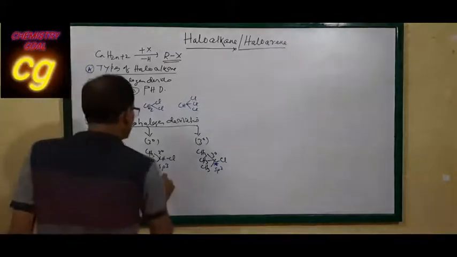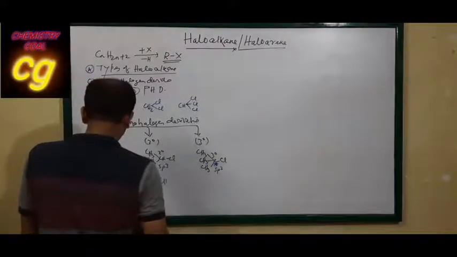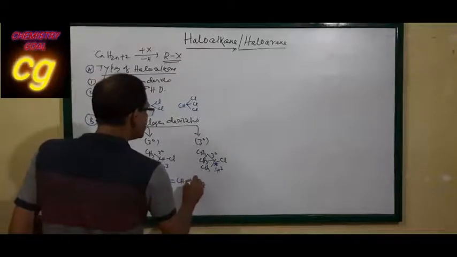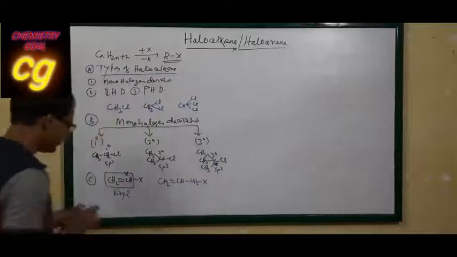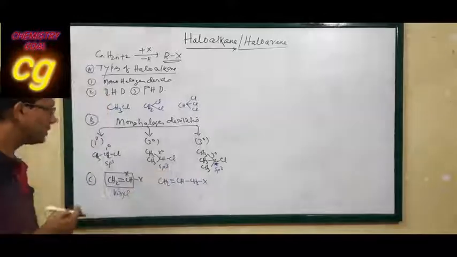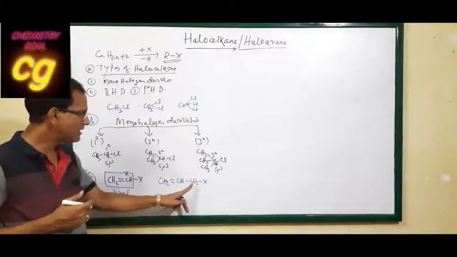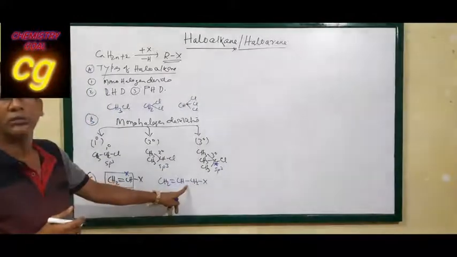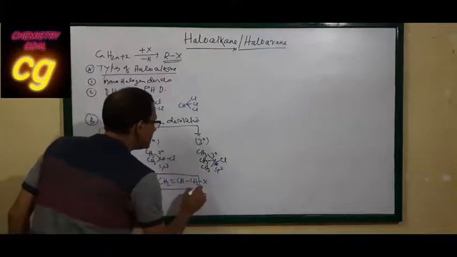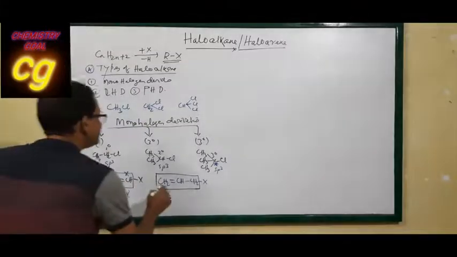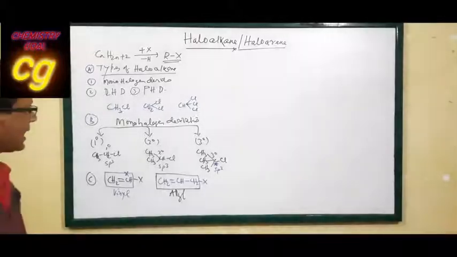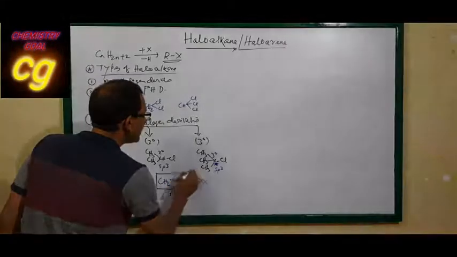Similarly, if you take another group, let it be CH2=CH-CH2-X. Here you see, halogen is attached to which carbon? The first carbon, but it is not attached to the double bond carbon. That's why this group has a specific name. This is called allyl, and this position is called the allylic position.